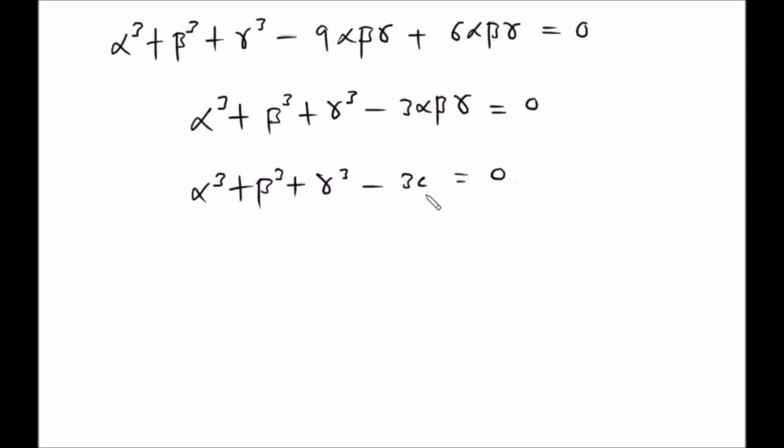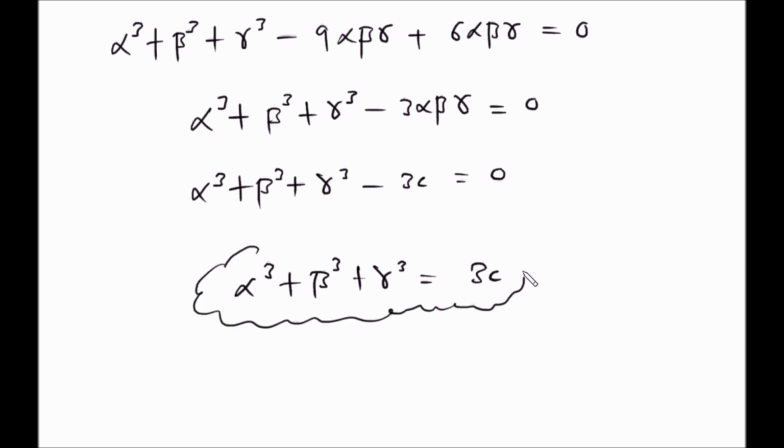Tuweke C sawa na 0. So 3C mlete huku itakuwa ni alpha cube plus beta cube plus gamma cube sawa na nini? 3C. So alisema to prove hii mambo tushafika sasa. So tuandikaje? Hence proved. Let me say see you in the next tutorial.